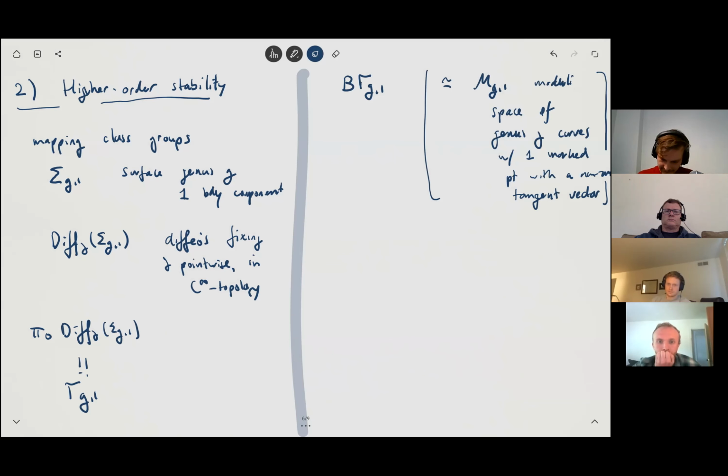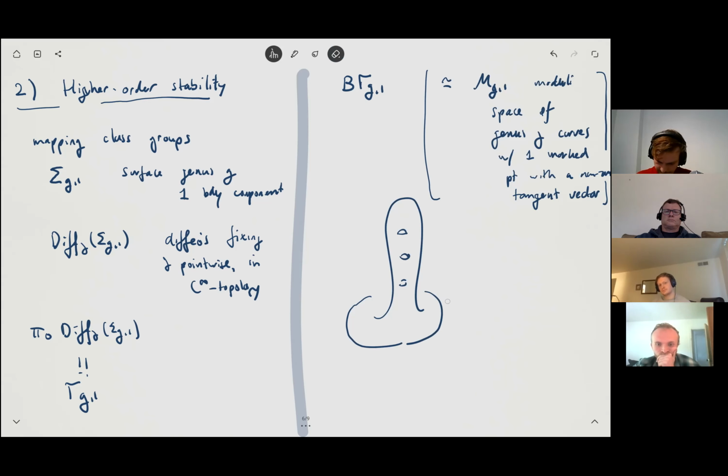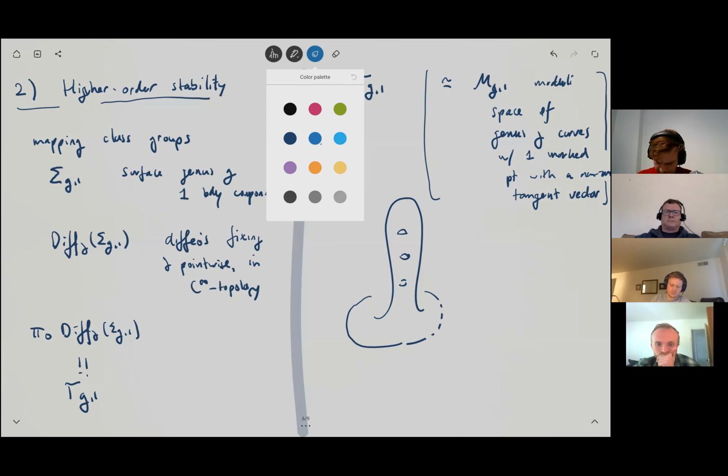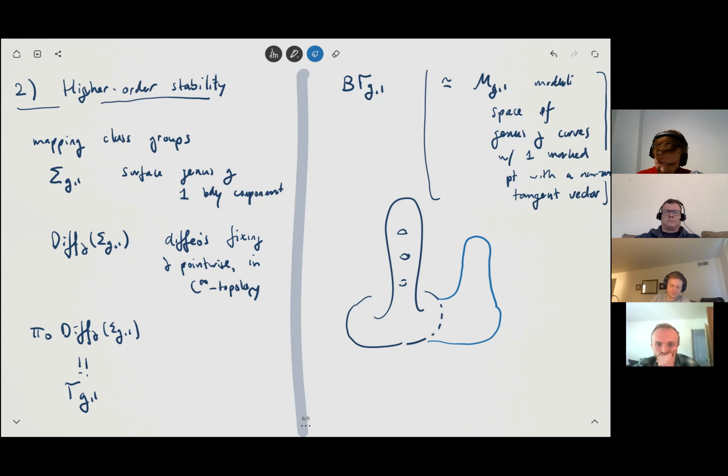Now, whenever you have one of these surfaces, I can take the boundary connected sum with the surface of genus 1. Okay.